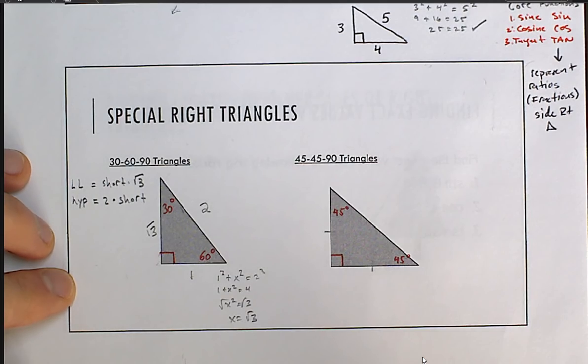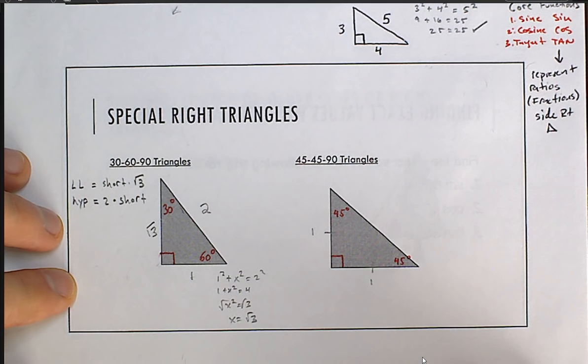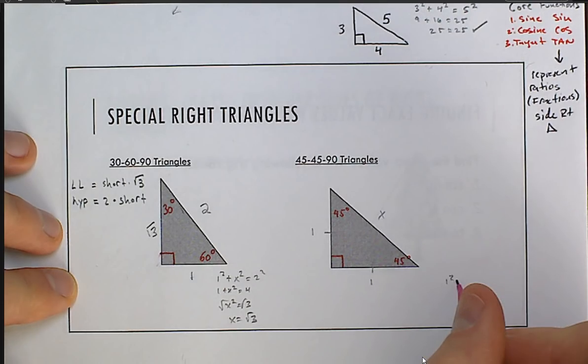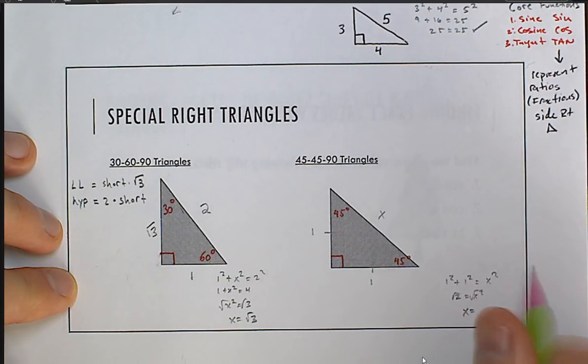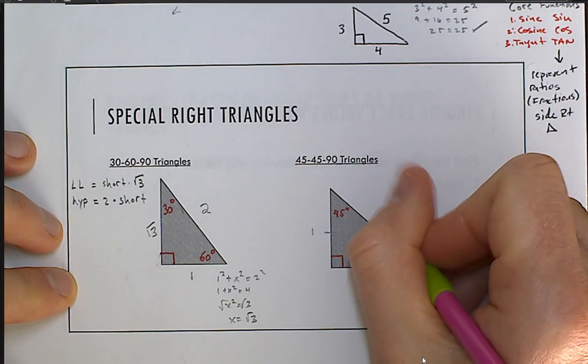So again, I'm going to just use 1 because it's a good length to use. And then we're going to find the hypotenuse. I'll call it x. So 1 squared plus 1 squared equals x squared. That's going to be 1 plus 1, which is 2, equals x squared, square root, and x equals radical 2. So I'm going to go radical 2, okay?